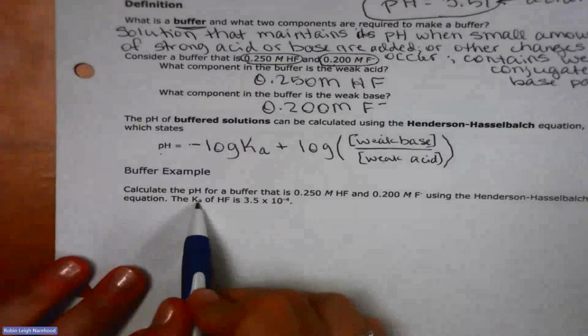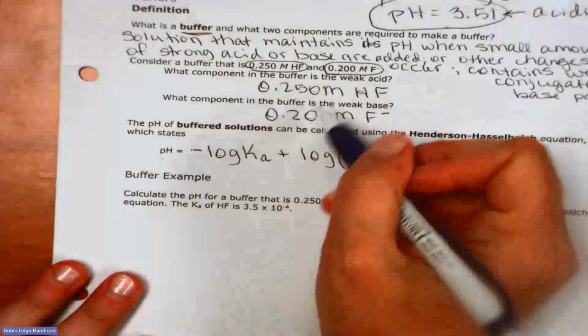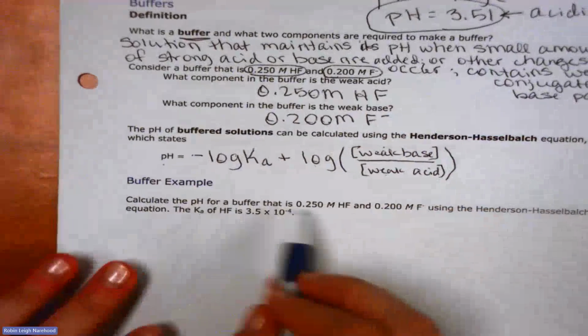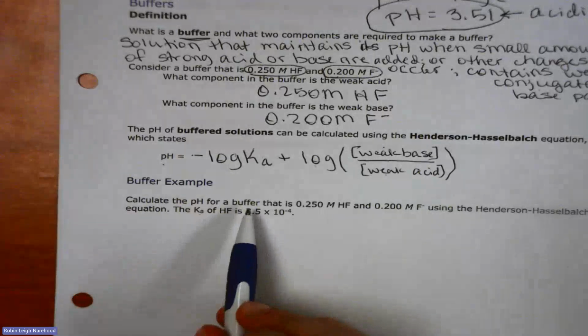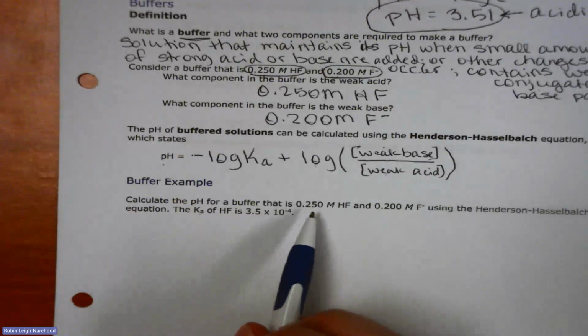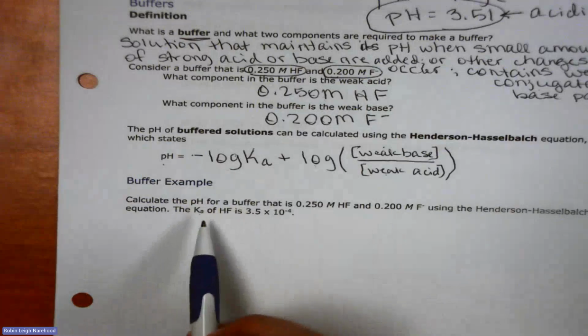So here's our example, and it goes along with our HF. I'm slowly working our way to calculating the pH. Calculate the pH of the buffer that has 0.250 molar HF and 0.200 molar fluoride using the Henderson-Hasselbalch equation.